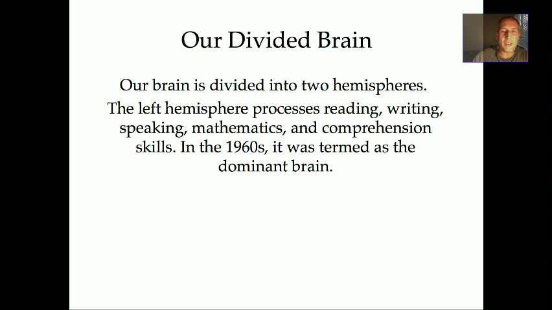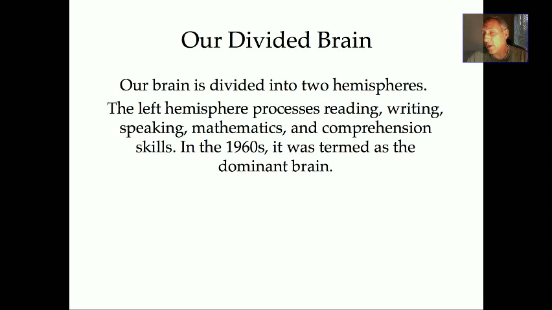But you see, in the 1960s, it was termed the dominant brain. And if you think about our school culture, for example, it really creates individuals, or not only creates individuals, but also caters to individuals who have left brain skills.